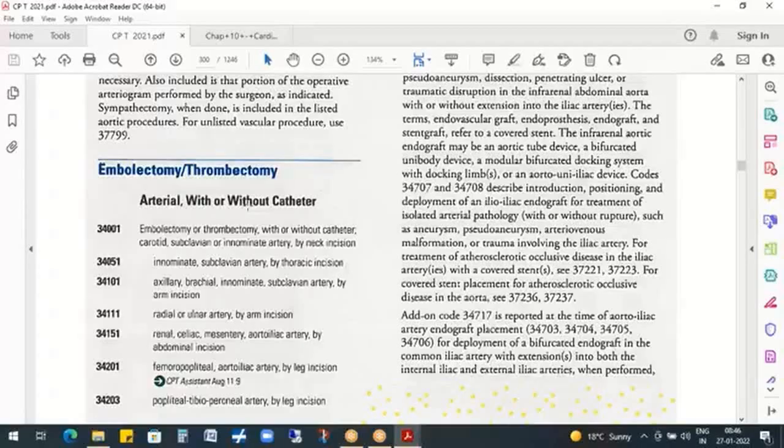Now go with the codes, everyone. 36216. Are you there, everyone? 36215, 216, 217, 218. Mark, write down the codes in your book. Vascular families. In that first family, 36215, 216, 217, 218.